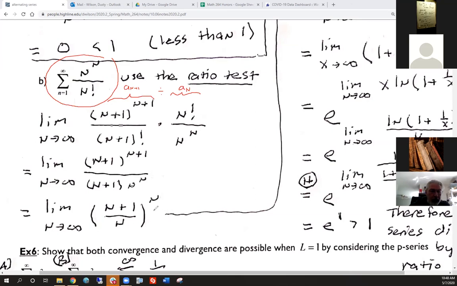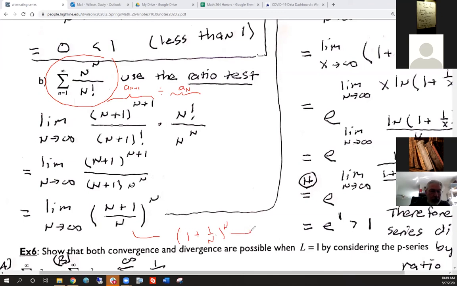And when we simplify, we end up with the limit as n goes to infinity of n plus 1 over n to the nth power, which is the same thing as 1 plus 1 over n to the nth power, with a limit out front.